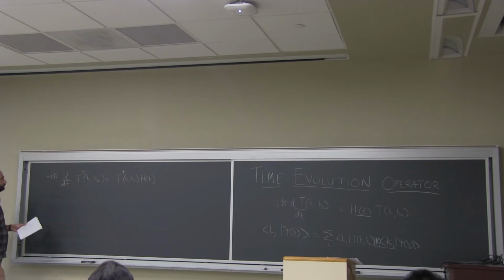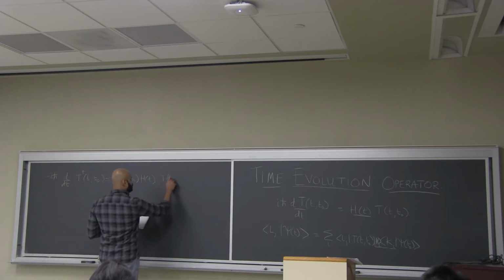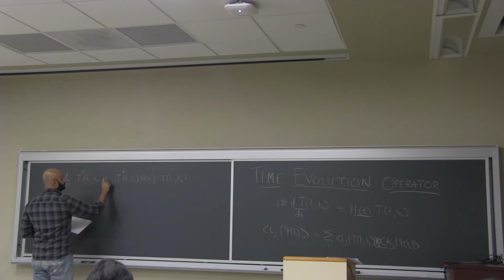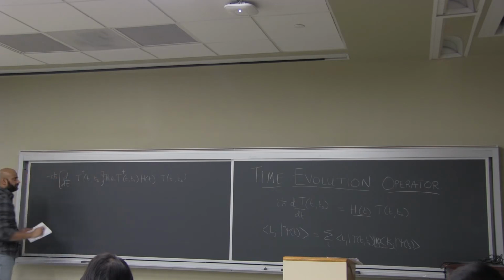Then multiply this equation on the right by T of t comma t naught. Gotta be a little bit careful because this is the derivative of this guy.